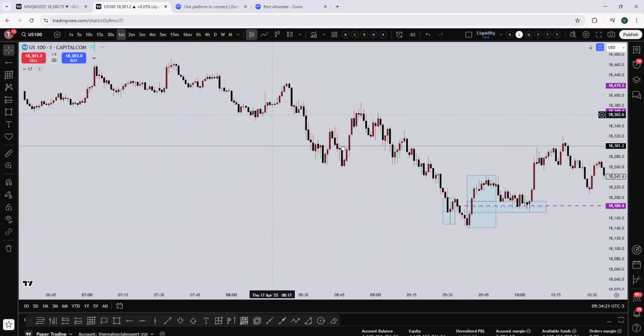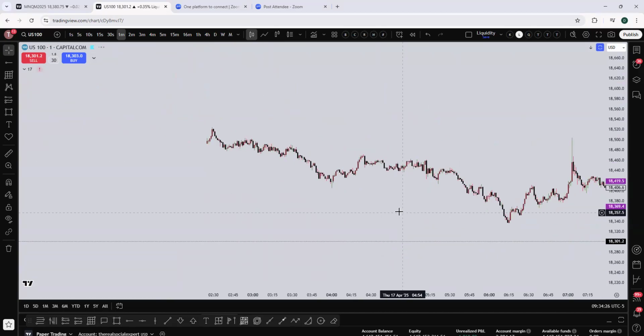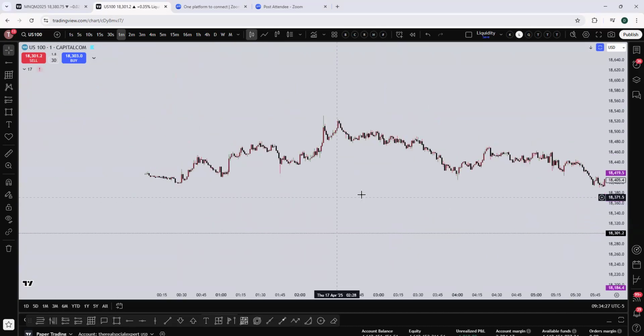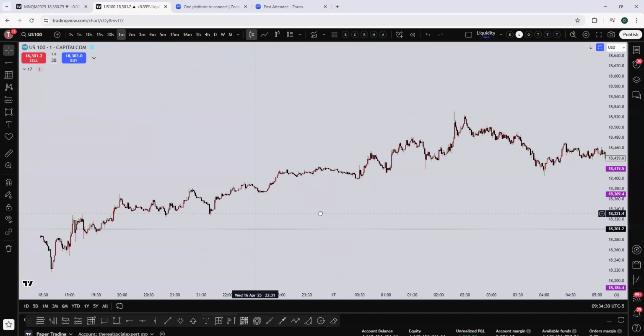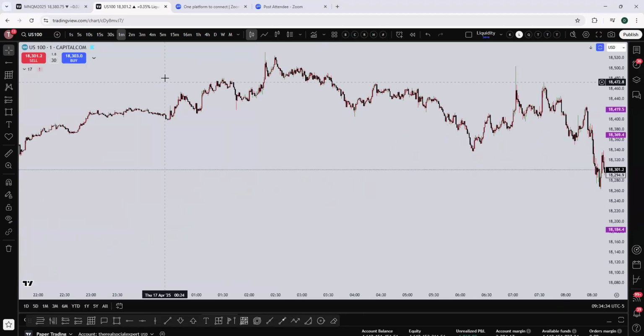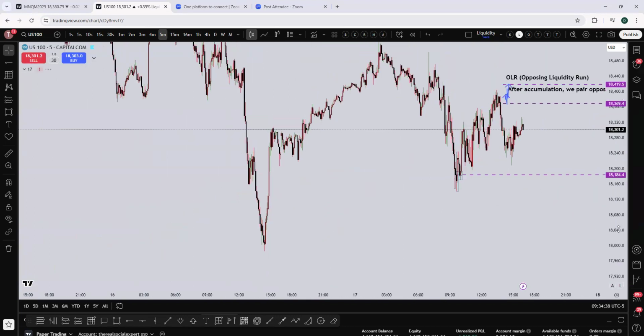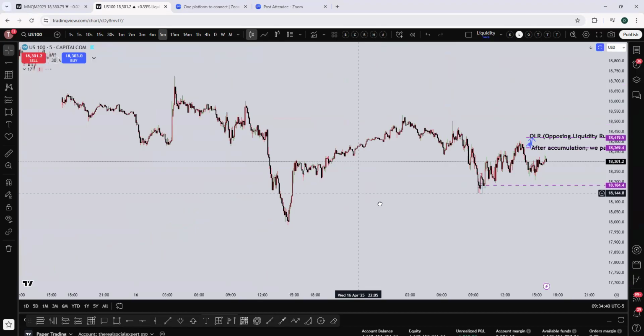Let's find one with a good expansion. We might not get it on this time frame. Let's go up a time frame. This price action's been crazy.